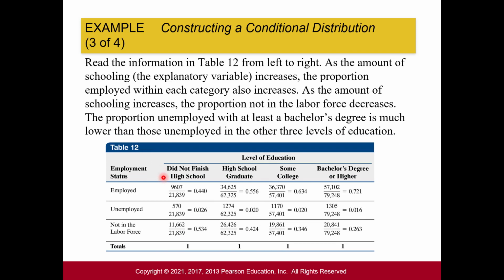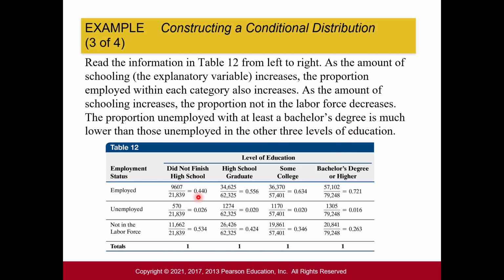So we're going to read this information on our table from left to right. As the amount of schooling, the explanatory variable, increases, which is left to right, the proportion employed within each category also increases. As the amount of schooling increases, the proportion not in the labor force decreases, and the proportion unemployed with at least a bachelor's degree is much lower than those unemployed in the other three levels of education.